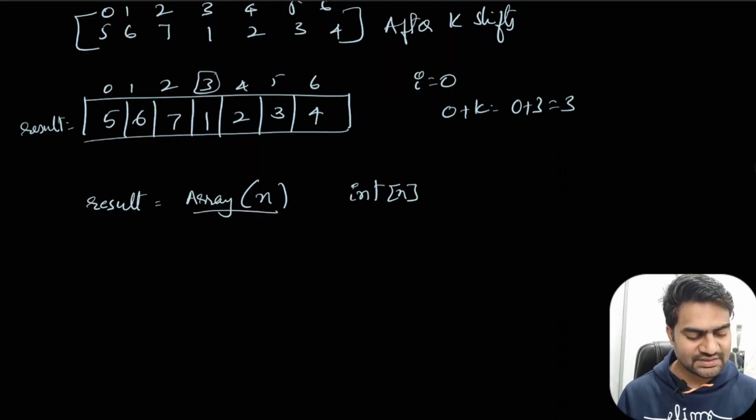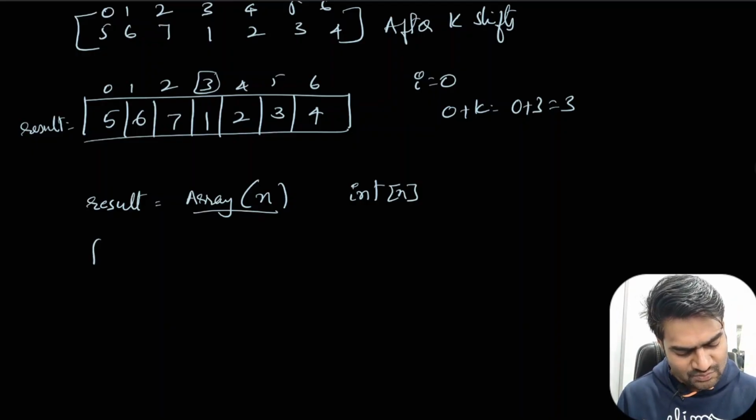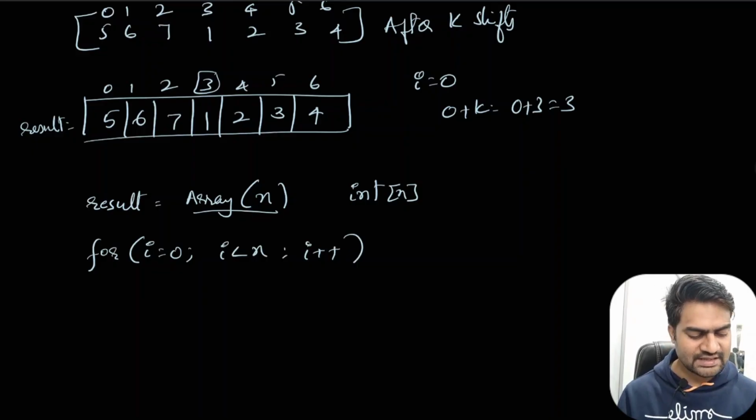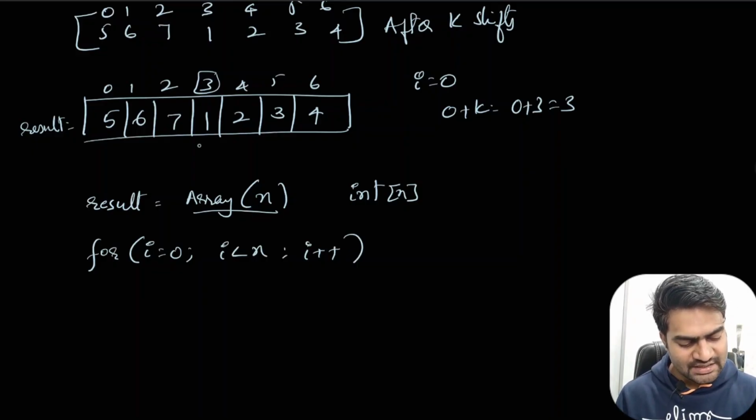So anyhow, it's a pseudocode. Result will be an array of size n. Now I will use a for loop for i equal to 0, i less than n, i plus plus. In the resultant array, I add my k.